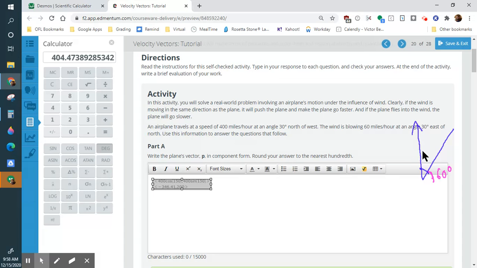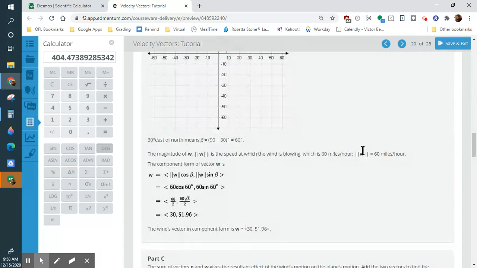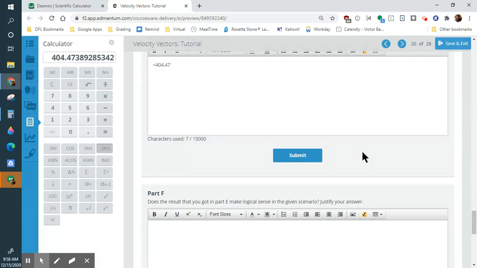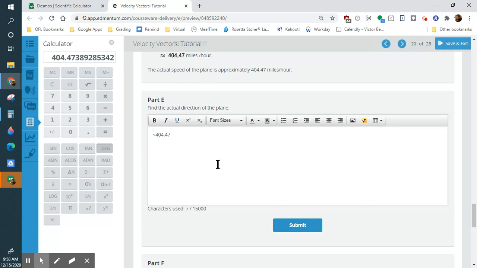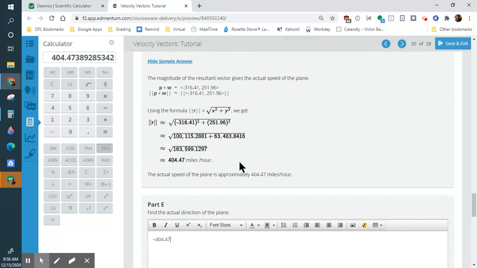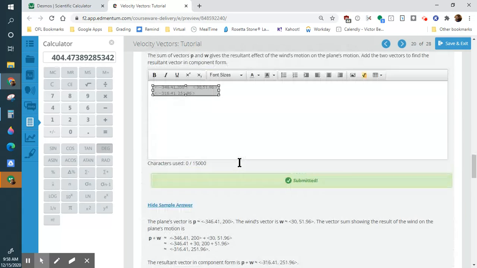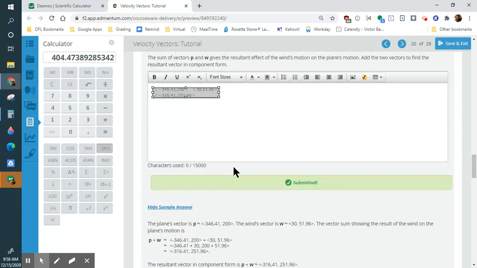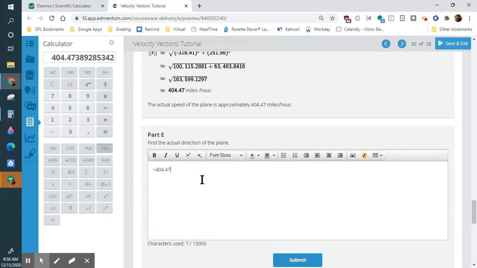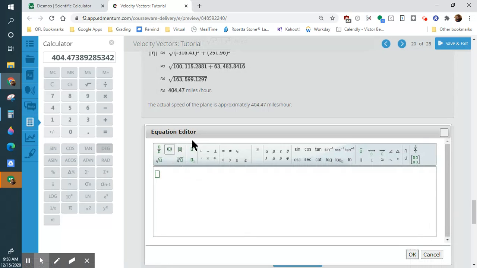The wind blowing from the east. Find the actual direction of the plane. So, oh, this is where we have to use tangent. Oh my gosh. I was like, wait, where are we getting this data from?